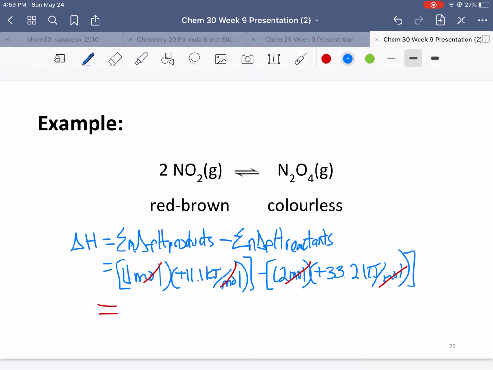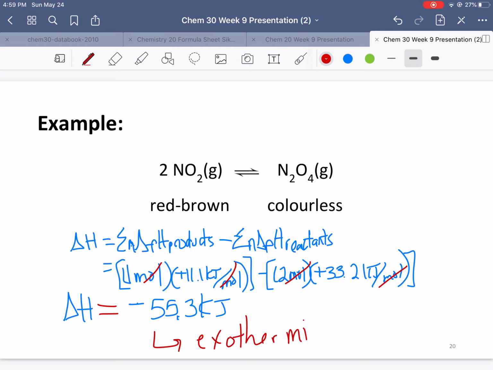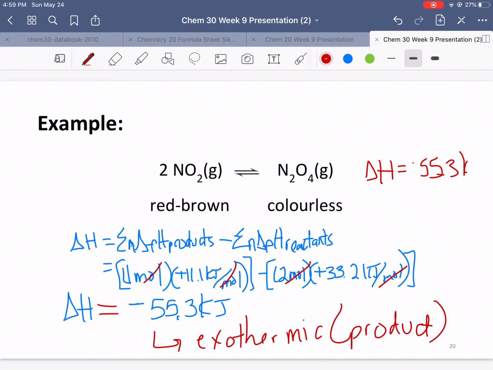Delta H, therefore, for this reaction is equal to negative 55.3 kilojoules. Now that negative number means that we're dealing with an exothermic reaction. In other words, this enthalpy change needs to be written as a product. So ultimately, I would put that beside delta H equals negative 55.3 kilojoules.